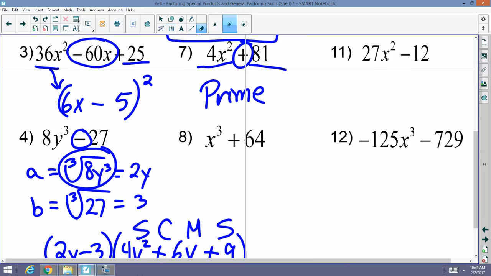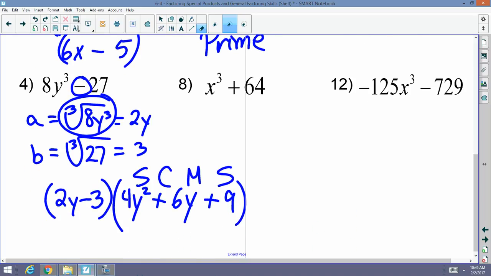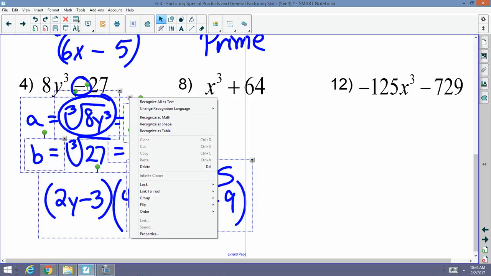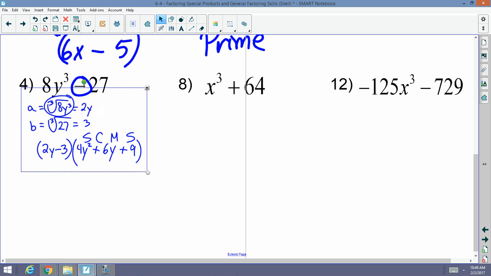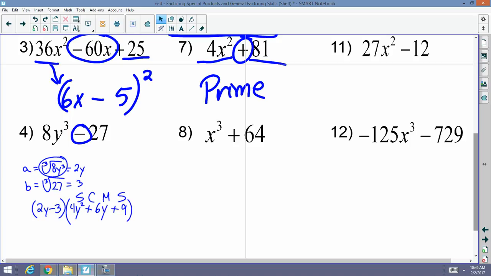Now I'm going to go ahead and do 8, but let me first shrink this up a little bit. For 8, is x cubed a perfect cube? Yeah. Is 64 a perfect cube?